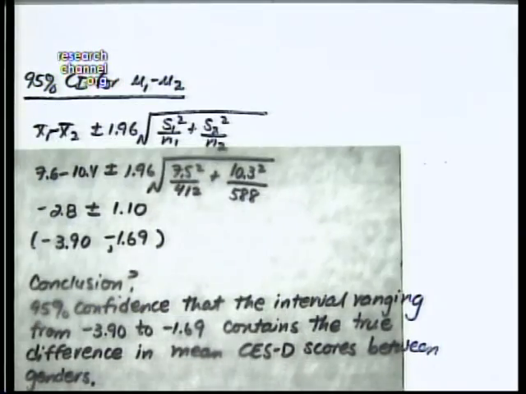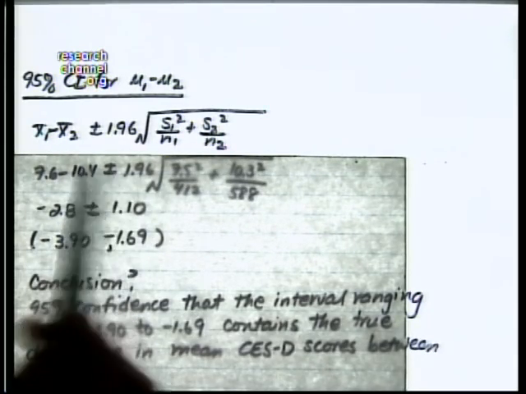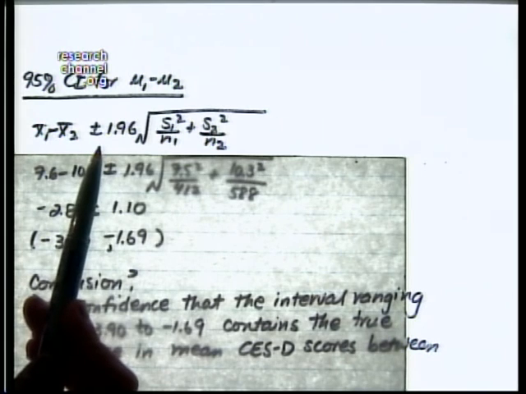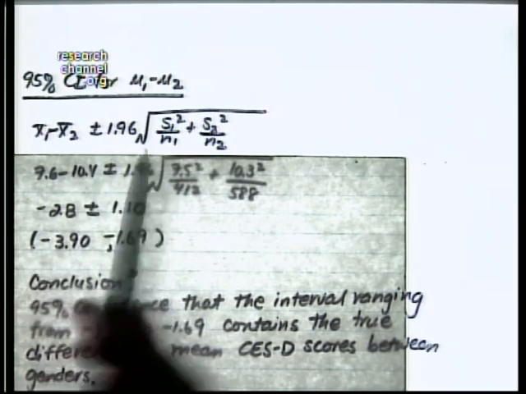You may have not calculated this at home, but we could alternatively look at a 95% confidence interval for the true difference in mean CESD scores between males and females. We take the sample statistic and form an interval around it by adding and subtracting. It's really a t, but remember the degrees of freedom are so big that we could use the z value of 1.96 times the standard error.